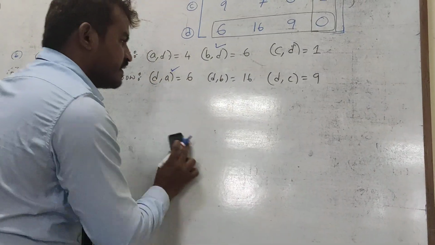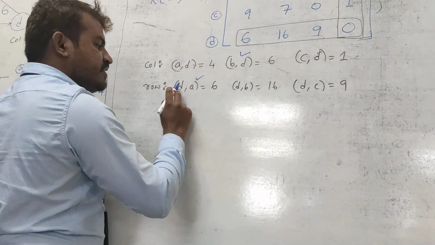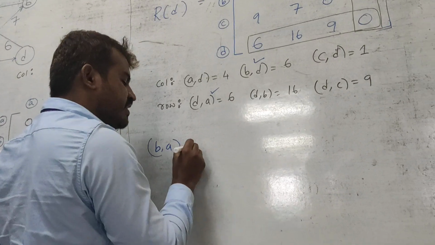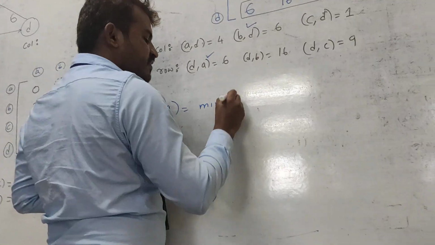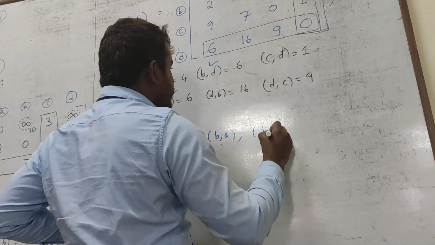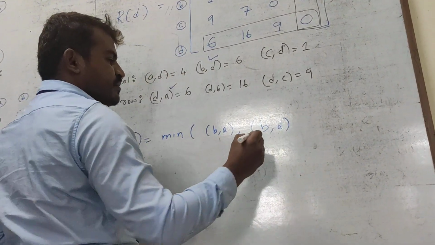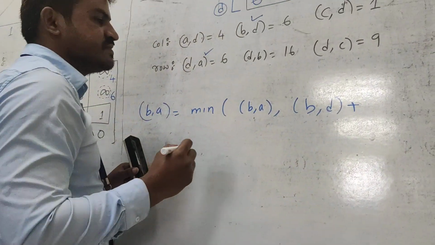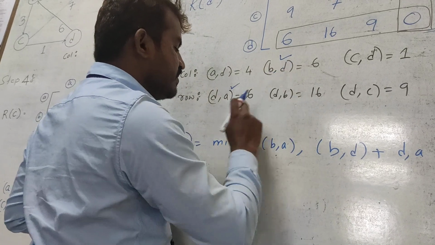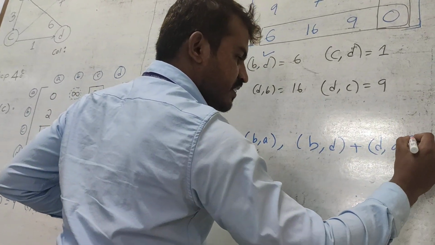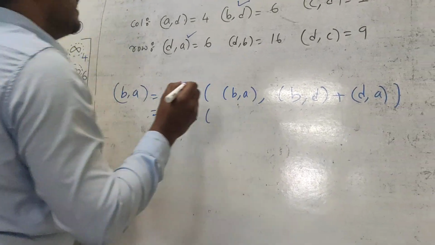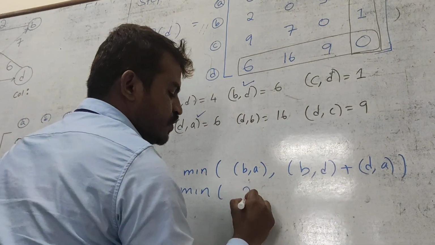Here, B to D and D to A, consider B to A. That is, B to A can be written as the minimum of B to A, B to D plus D to A. Then the minimum of B to A. B to A is 2.